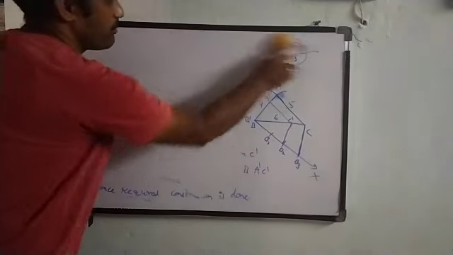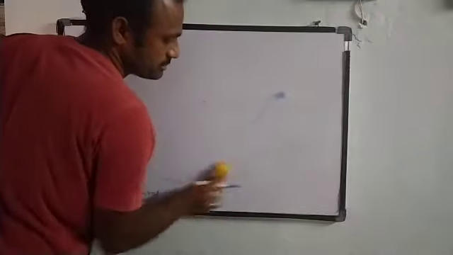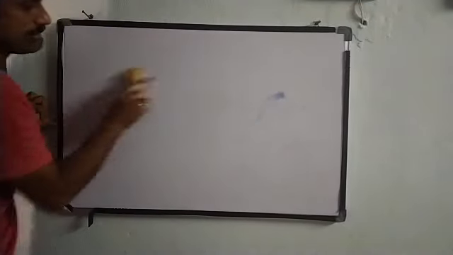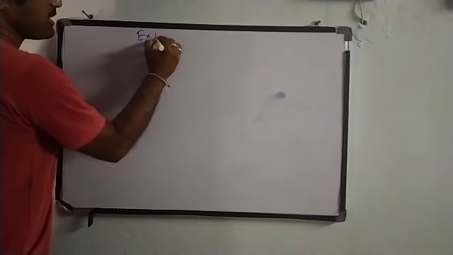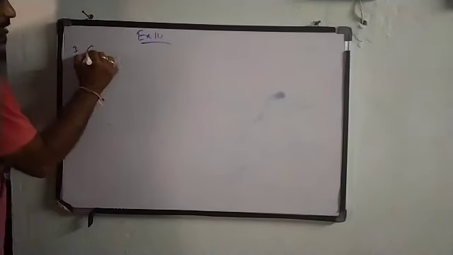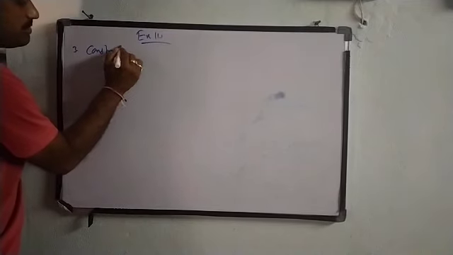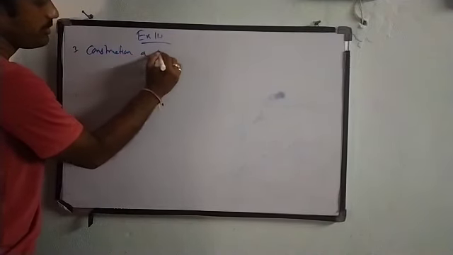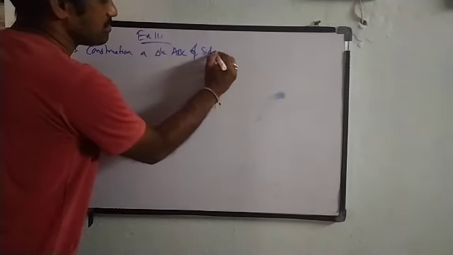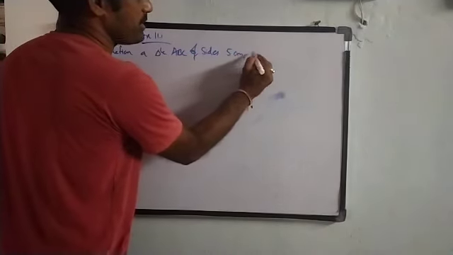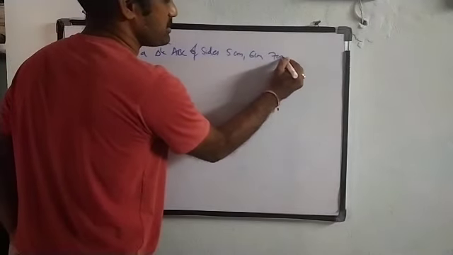In the same exercise 11.1, let us take the third question. Construct a triangle ABC of sides 5 centimeter, 6 centimeter and 7 centimeter.